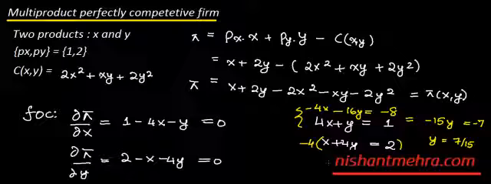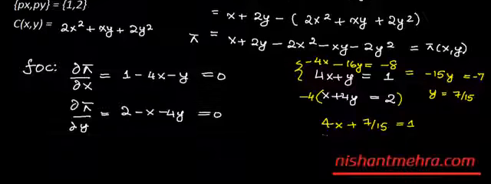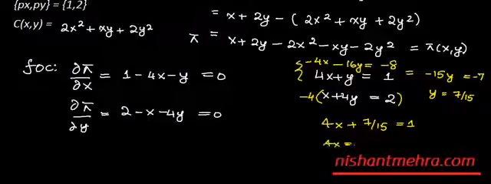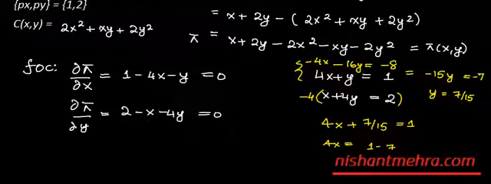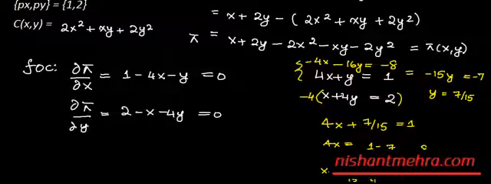And if y is equal to 7 by 15, you can calculate the value for x from the first equation, 4x plus 7 by 15 equals 1. So 4x equals 1 minus 7 by 15, which is 8 by 15. So x is equal to 8 by 15 into 1 upon 4, which is 2 by 15.